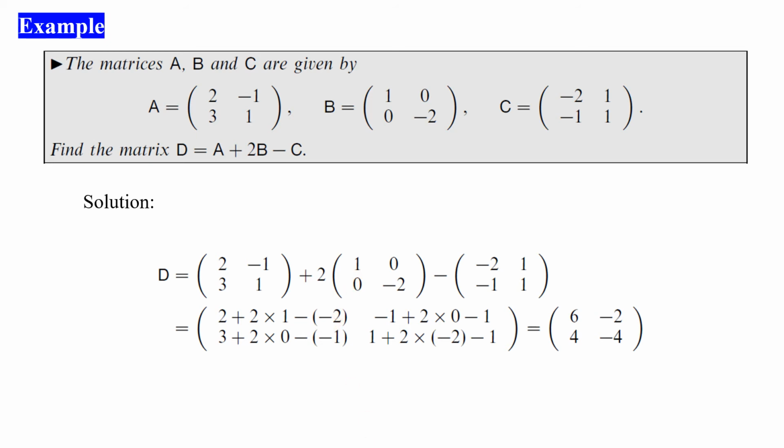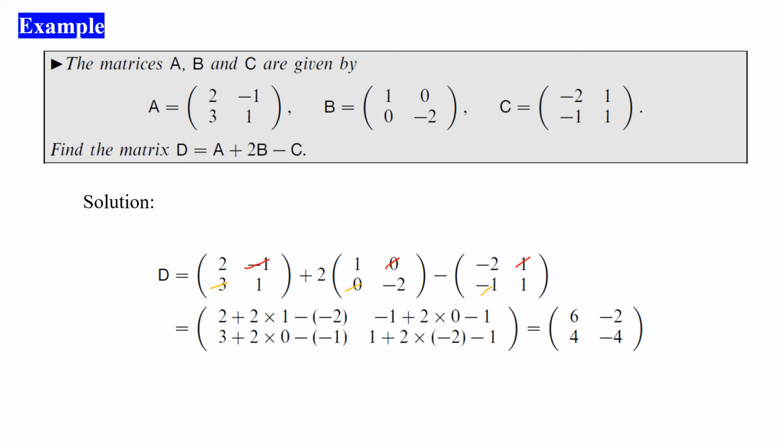Next, you're going to add negative 1 plus 2 times 0, which is 0, minus 1. And then next we solve for your D21. So we have 3 plus 2 times 0 minus negative 1.